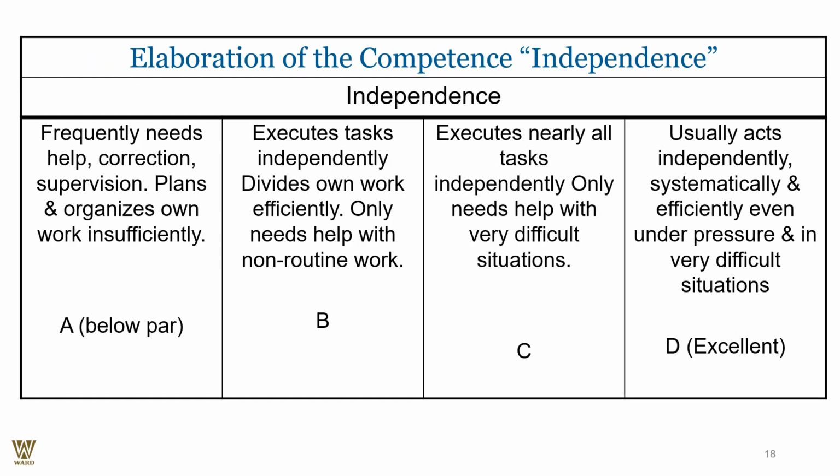So, elaboration of the competence of independence, what do we go around it? Let's say the person frequently needs help, is below par. But one who executes tasks independently, often decides upon the work and divides it effectively, we can characterize as somewhat independent, a category B level worker. And then there is the one who executes without any supervision, absolutely nothing, manages the show.